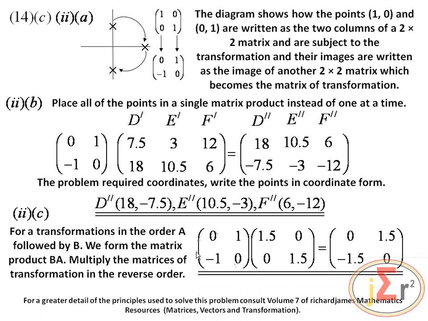So this is what we have: the matrix of the rotation followed by the matrix of the enlargement. Because in order to arrive at the matrix product that is responsible for an enlargement followed by a rotation, we multiply the matrices in the reverse order. And this will be the resulting matrix.